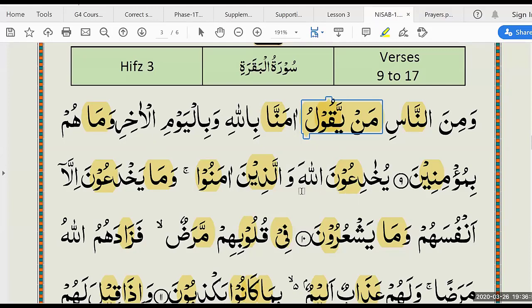Otherwise, well done. So over here we have wa as a haruf mad. What other letter can you see in these two verses that you have recited that is included in haruf mad?